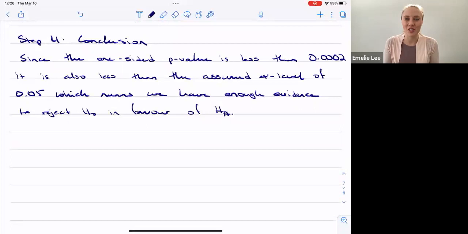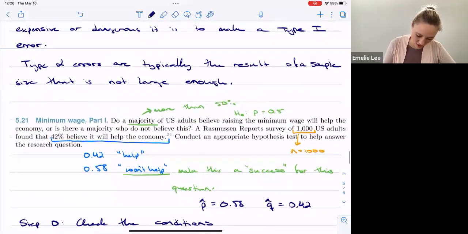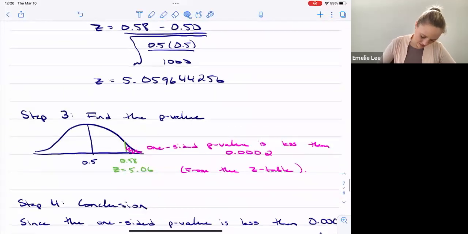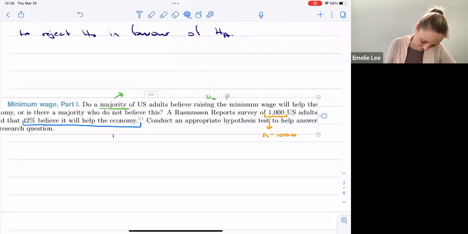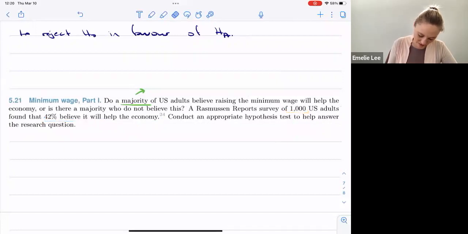What does that mean in terms of the question? Well, this is where I usually reword the question as an answer, but this question was worded so strangely. We were testing if a majority of US adults do not believe that raising the minimum wage will help the economy.